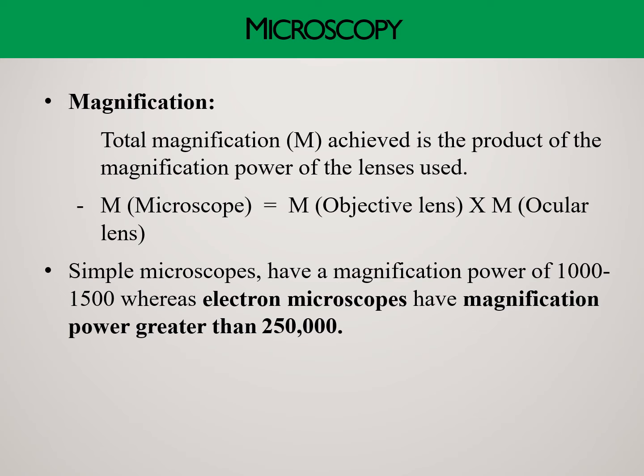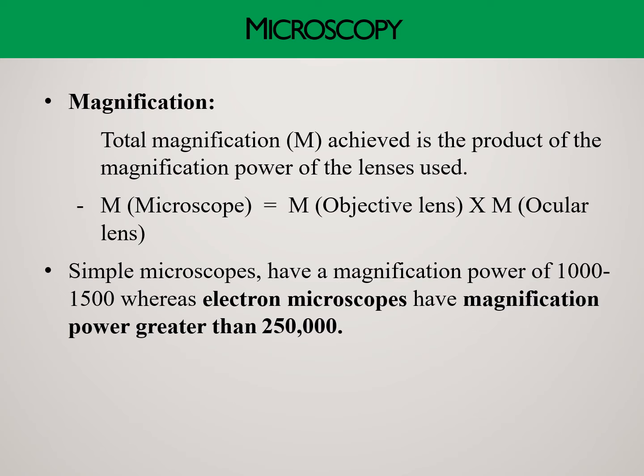Let's talk about magnification. Magnification is a measurement of how much larger a microscope causes an object to appear. For instance, the light microscopes typically used in our college's lab magnify up to about 400 times the actual size of an object.